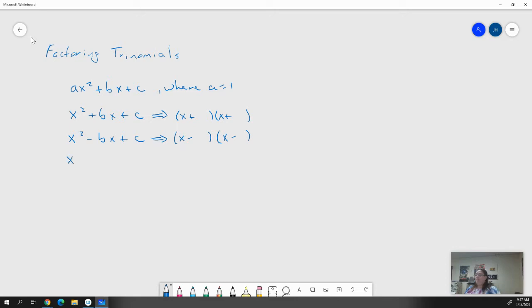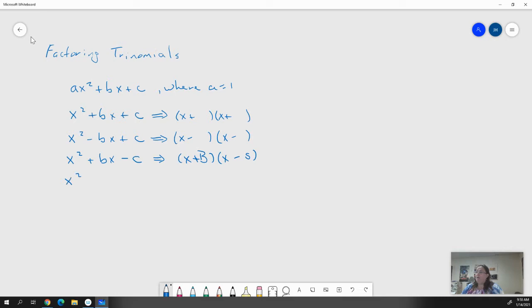If I had x squared plus bx, oops, sorry, this is about to be minus c, our factors would come out to be x plus something times x minus something. Which something goes in the plus and which goes in the minus depends on our b. If our b is positive, then in x plus something, our bigger factor goes in the plus and our smaller factor goes in the minus.